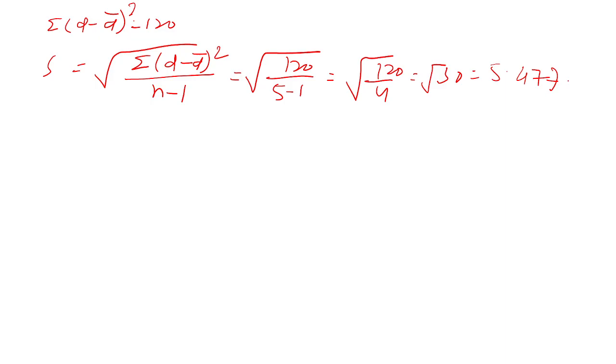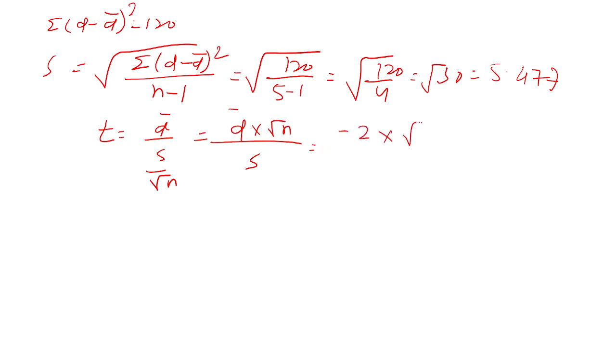So what will the t statistic be now? The t statistic will become d bar into root under n upon S, that is minus 2 into root 5 upon 5.477.